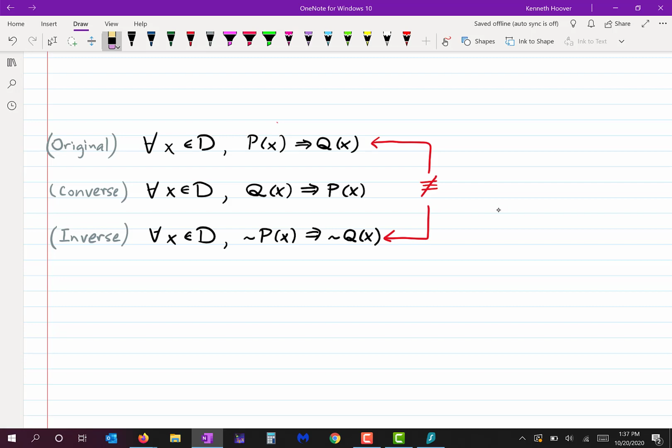The converse error is when somebody replaces the original statement with its converse. And the inverse error is when somebody replaces the original statement with its inverse. Now, it just so happens that the converse and the inverse are equivalent to each other.